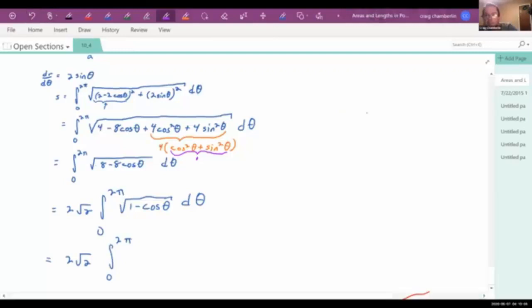In terms of sine squared theta, what does that reduce to? 1 minus cosine of 2 theta all over 2. But we don't have 1 minus cosine 2 theta, so let's make the angle theta, half of what it was over here, to make that make sense.